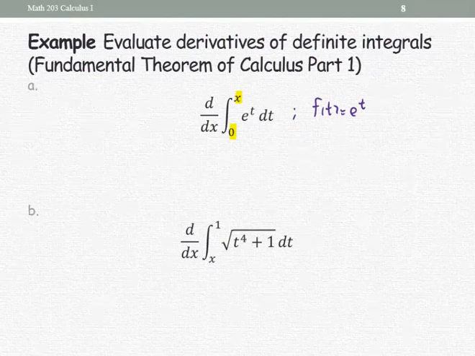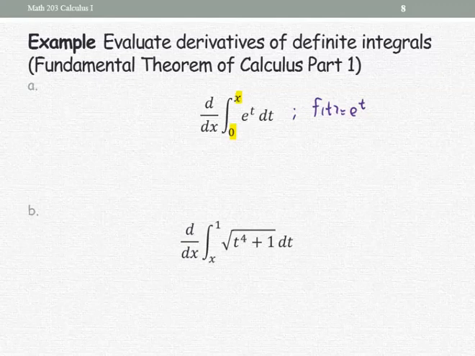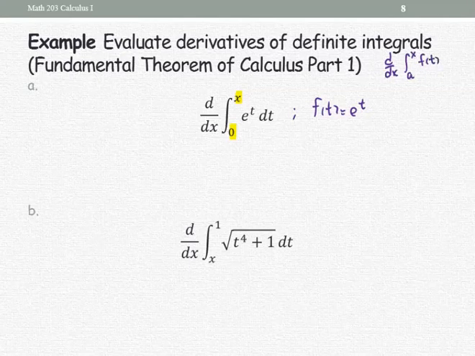fundamental theorem of calculus part 1 is stated as d by dx of the integral from the real number a to the unknown x of the function, or the integrand, f of t with respect to t equals f of x. What we're going to put into this format is: the lower limit has to be the real number.